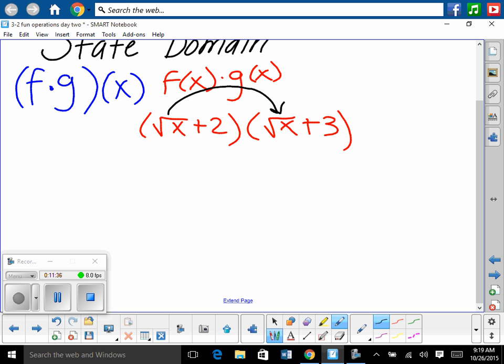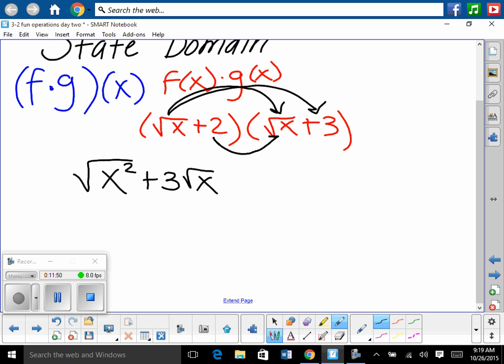Yes, so we're going to have the square root of x squared, right? Square root of x times positive 3: 3 square roots of x. Very good. Positive 2 times square root of x: positive 2 square roots of x. Positive 2 times positive 3: plus 6. Then from there we'll simplify everything possible.